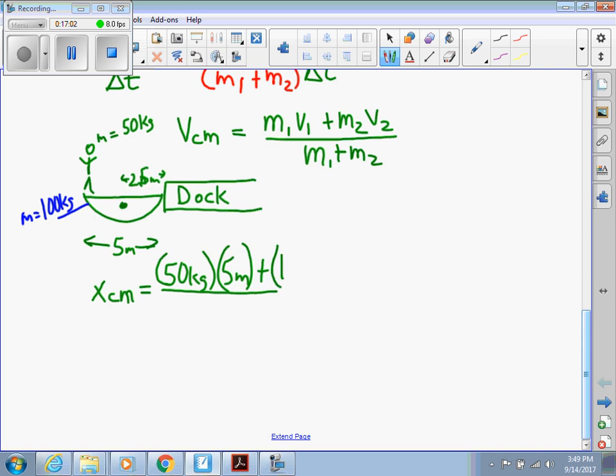And so if the boat has a mass of 100 kilograms, and its center of mass is at 2.5 meters, divided by the mass of the boy plus the mass of the boat.